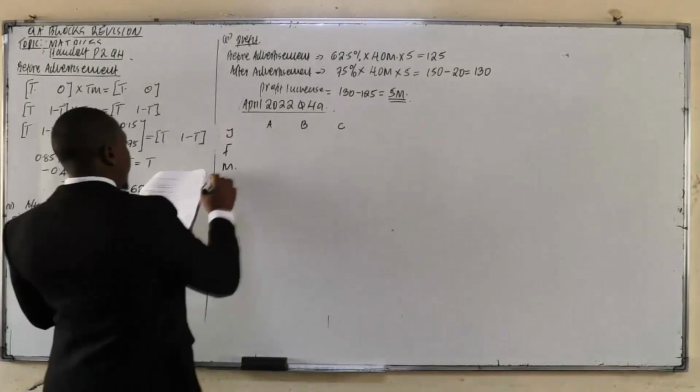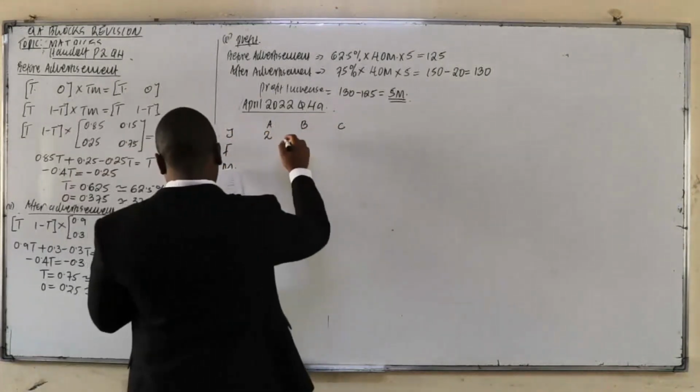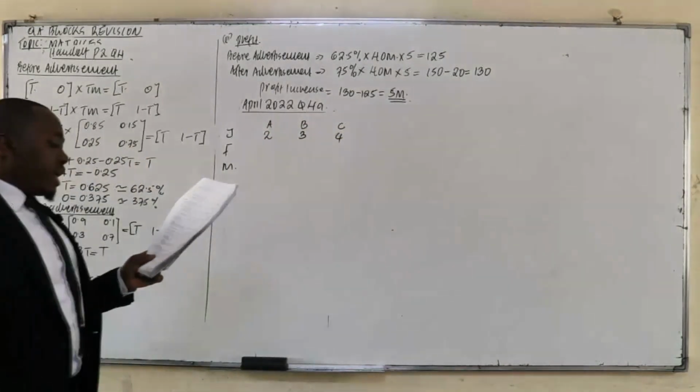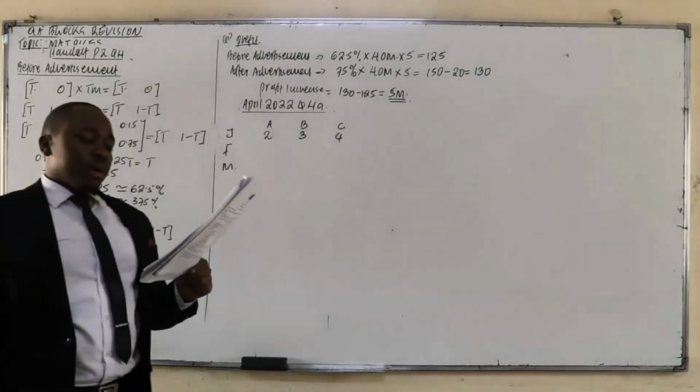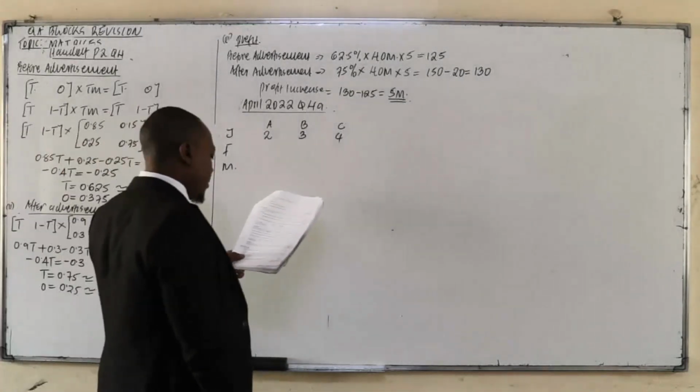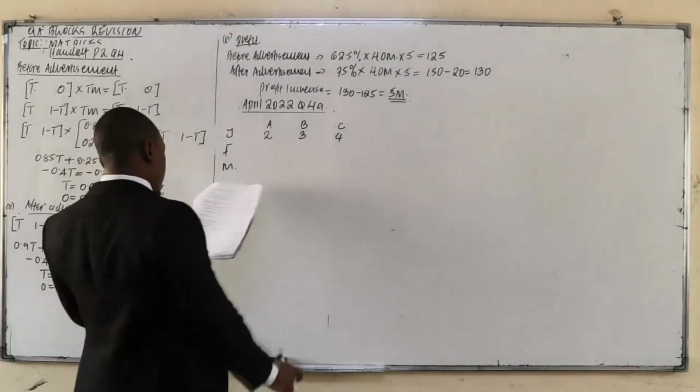So you're told that the profit is 2,000, 3,000, and 4,000 for products A, B, and C respectively during the month of January 2022. Then 7, 9, 4 for products A, B, C during the month of February.